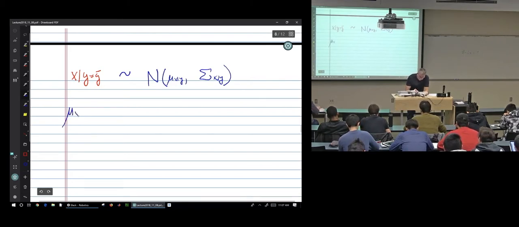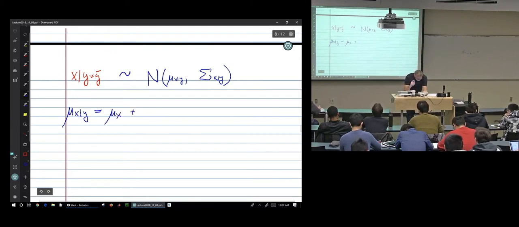The mean of x given y is equal to the mean of x plus the correlation, and that was sigma xx C transpose.